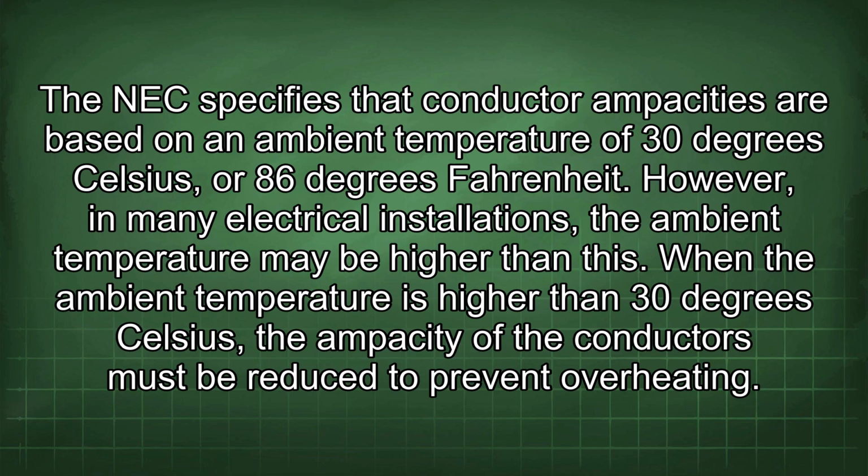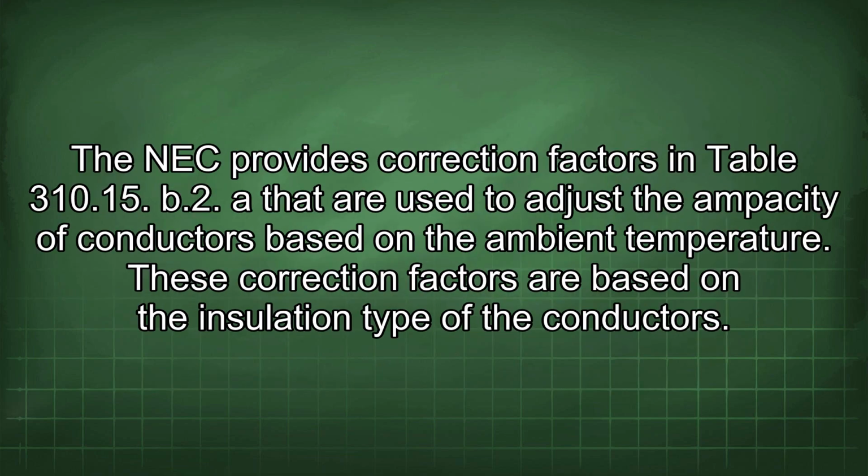When the ambient temperature is higher than 30 degrees Celsius, the ampacity of the conductors must be reduced to prevent overheating. The NEC provides correction factors in Table 310.15 B2 that are used to adjust the ampacity of conductors based on the ambient temperature. These correction factors are based on the insulation type of the conductors.